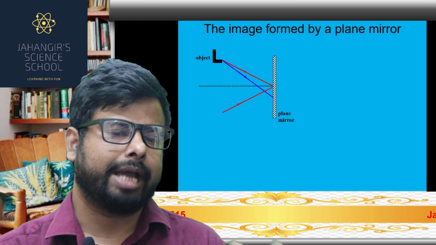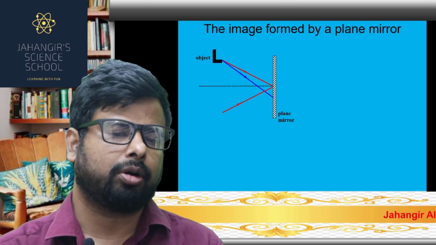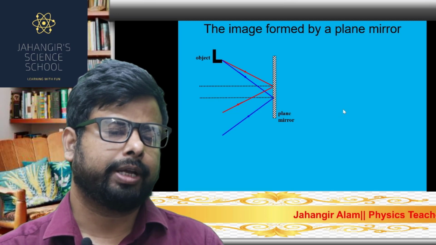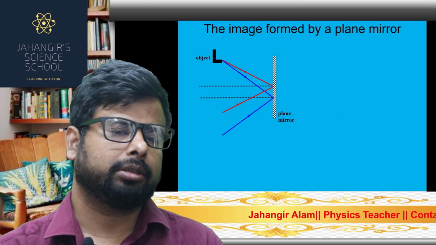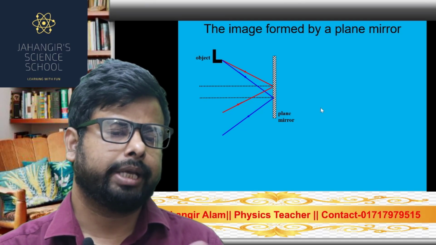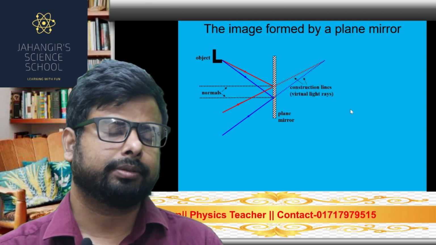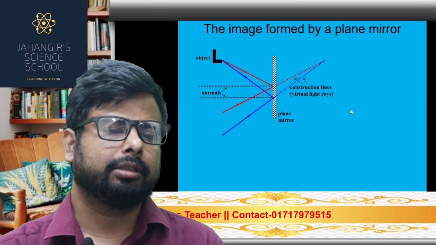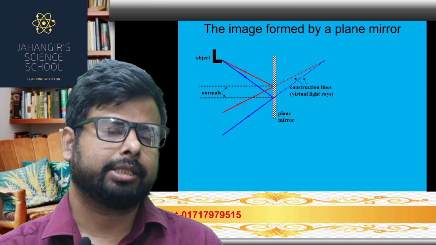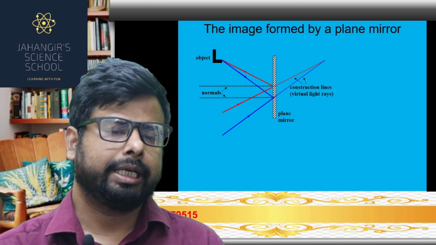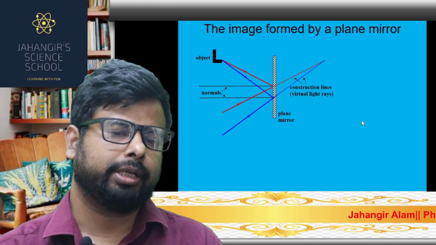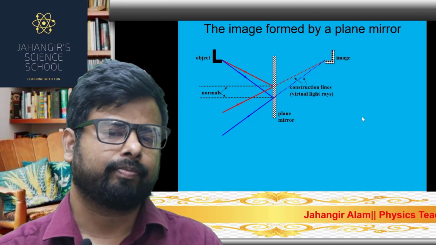The light incident on another point on the plane mirror also reflects back, but the reflected rays do not meet at a second point, so we extend them, and then the extended lines meet at a second point. So it seems to us light emerges from this second point, that's why it is a virtual image.